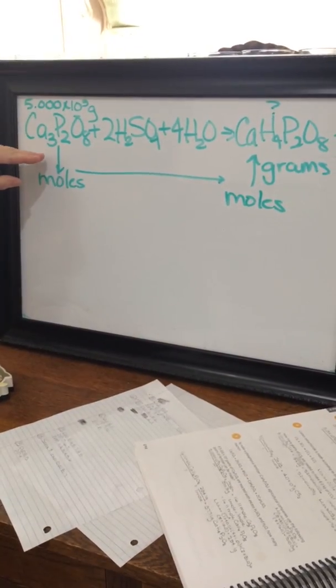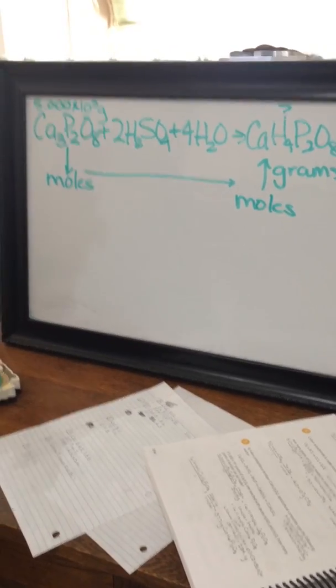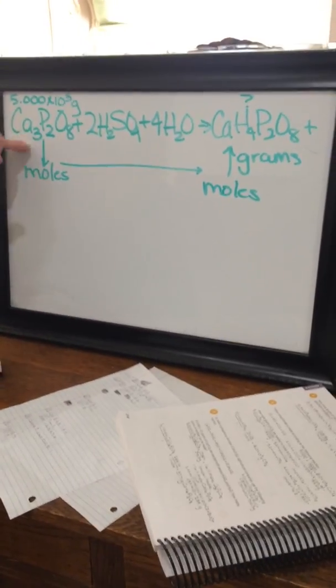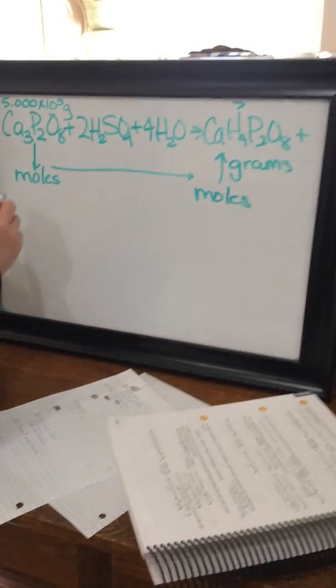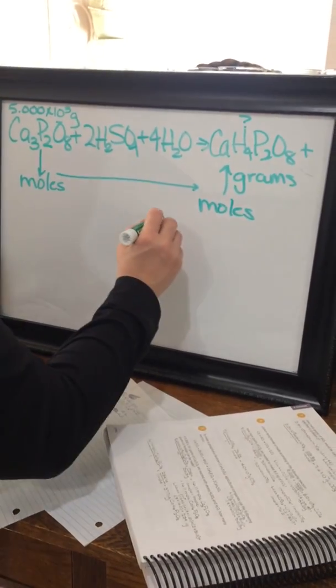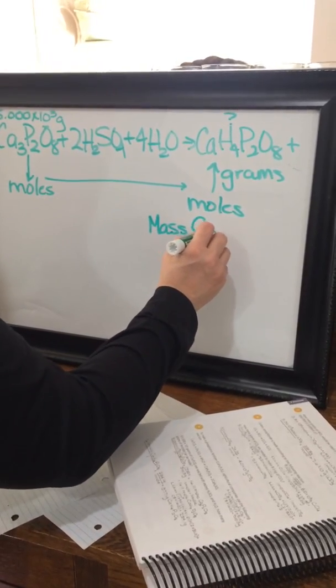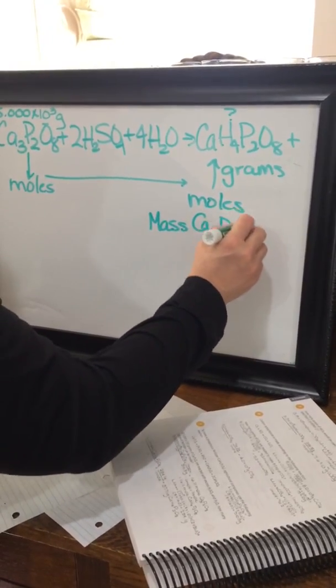So let's start right here. What's the very first thing you have to do? Everyone should know the very first thing is we've got to find the mass of this. Okay? So the mass of Ca3P2O8.